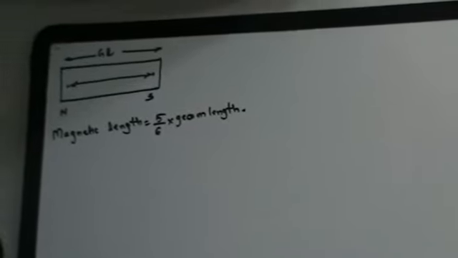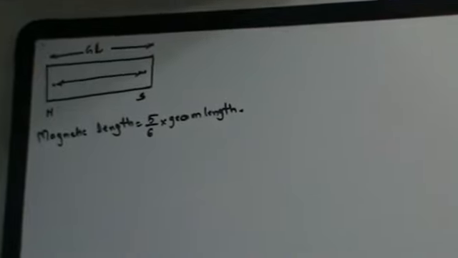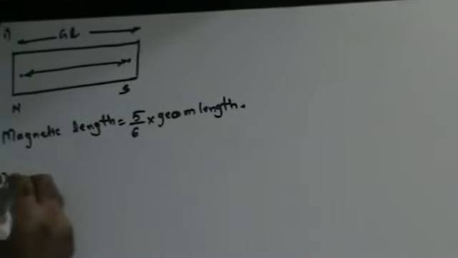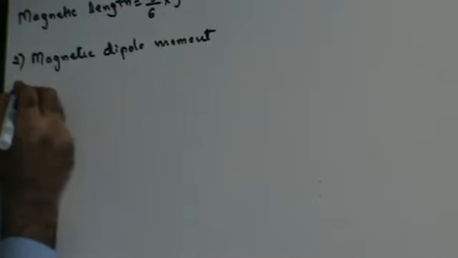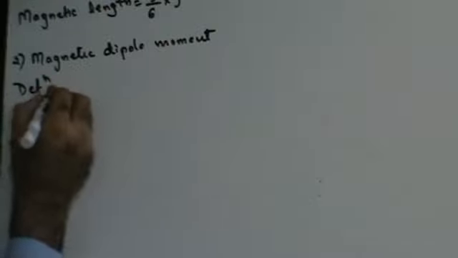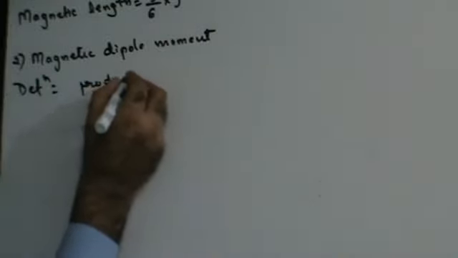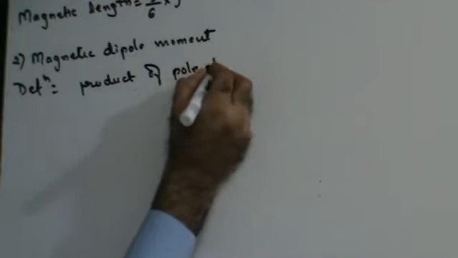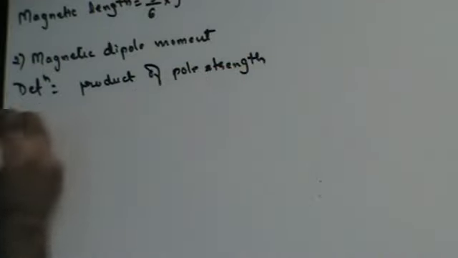Now, what do we understand by magnetic dipole moment? Magnetic dipole moment is defined as the product of pole strength and the magnetic length.